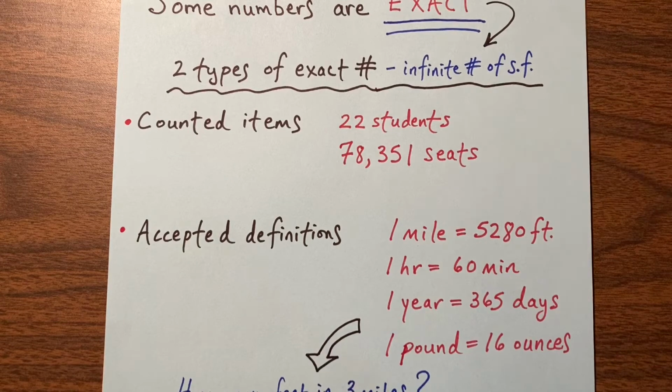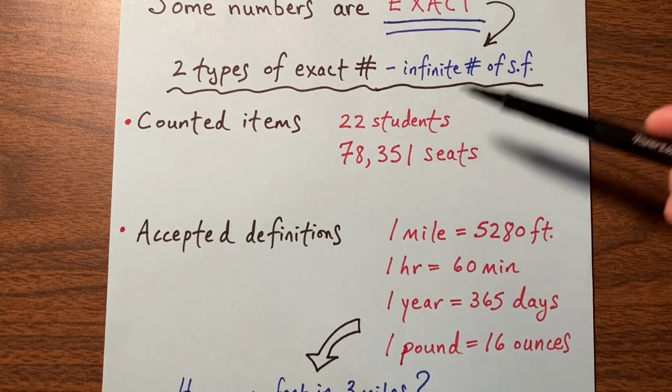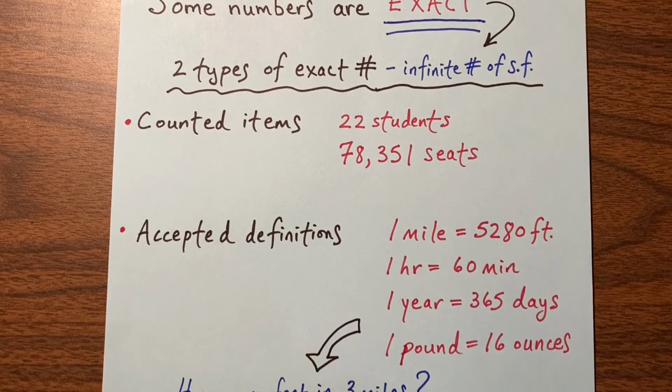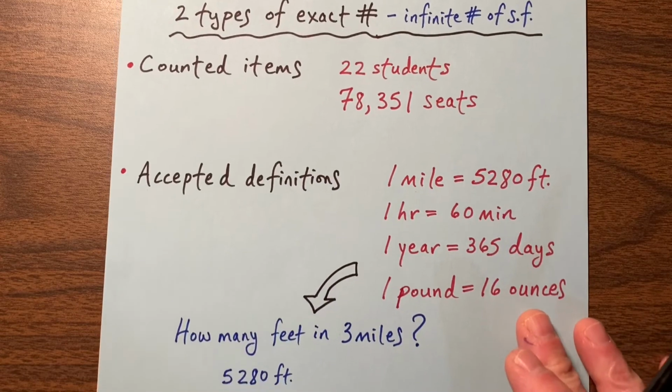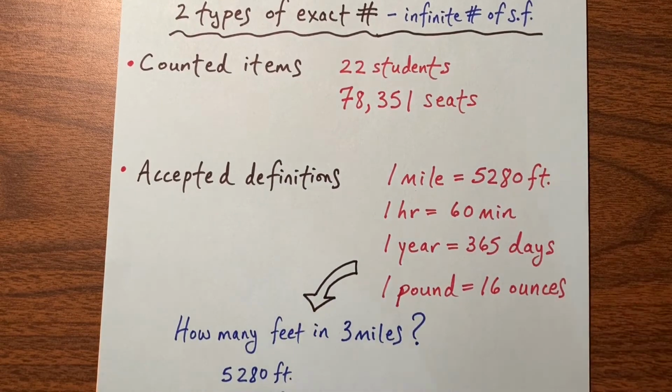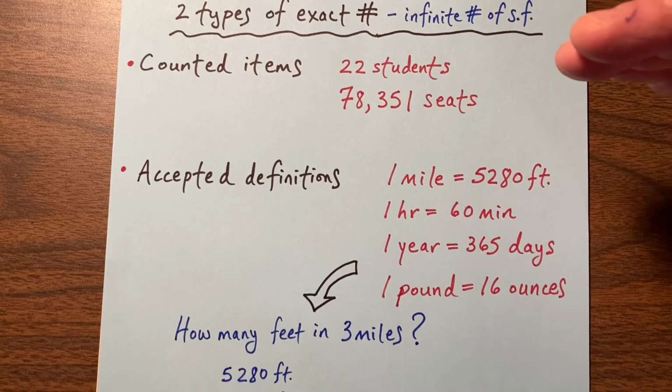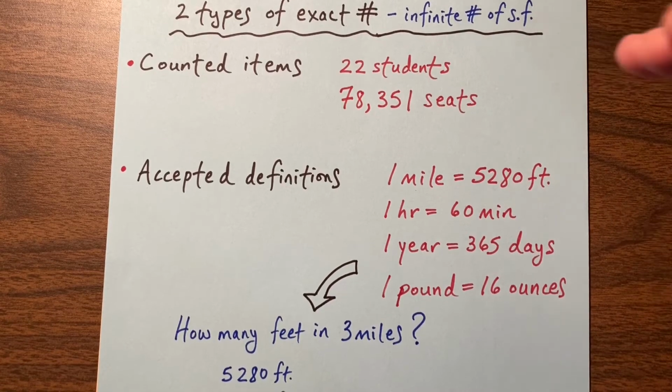There is no uncertainty in that. There's not 21.5 students. There's not 22.3 students. There's 22 students. In a stadium like Lambeau Field, there might be around 78,351 seats. No uncertainty. That is a counted item. These have no impact on the number of sig figs in the final answer if they're used in a calculation.